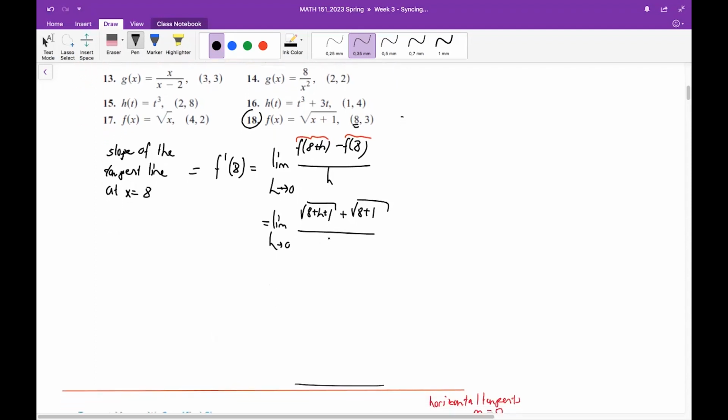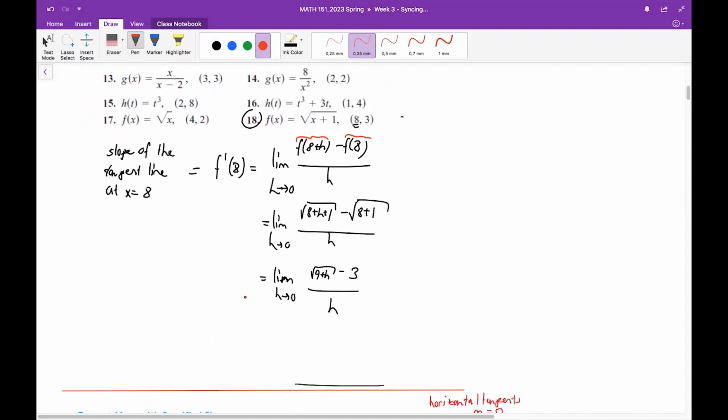Then, divided by h, okay, what do we have? We have limit h goes to 0, square root of 9 plus h, plus, sorry, this is minus. I just turned it to plus suddenly, which is wrong. So minus 3, divided by h.